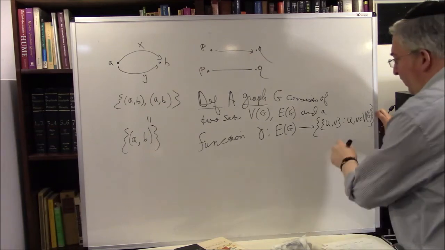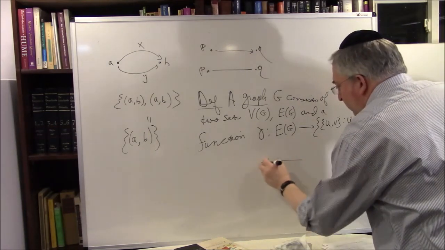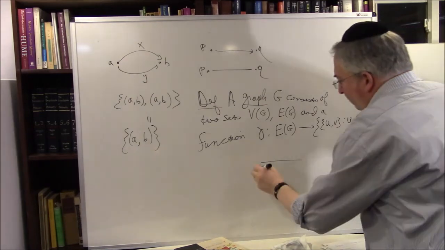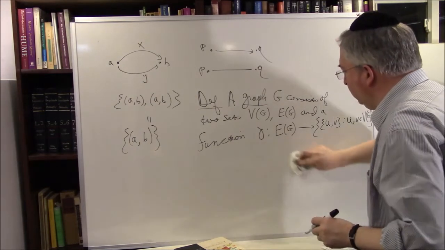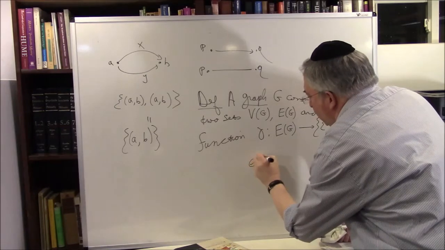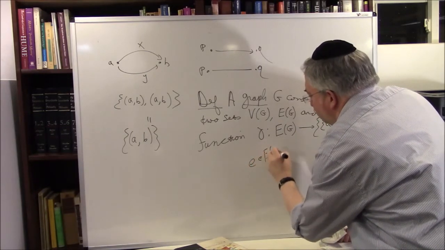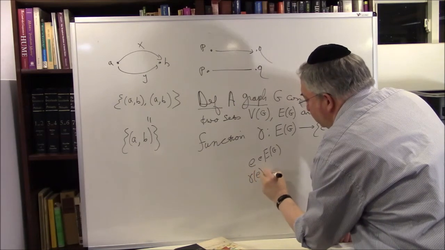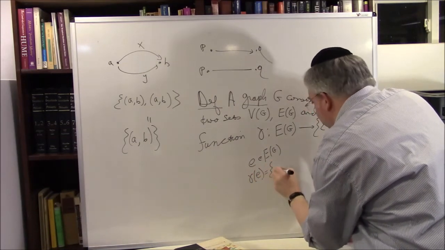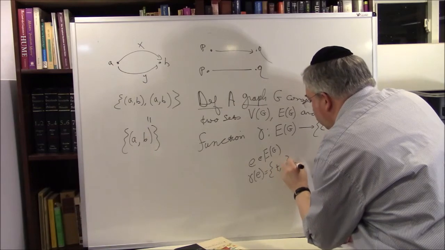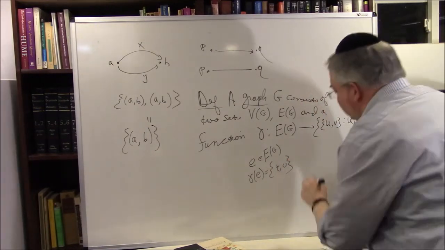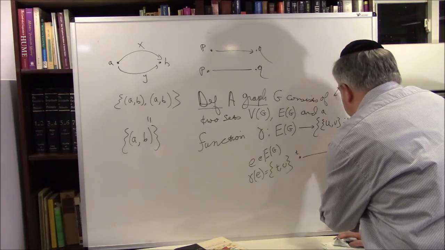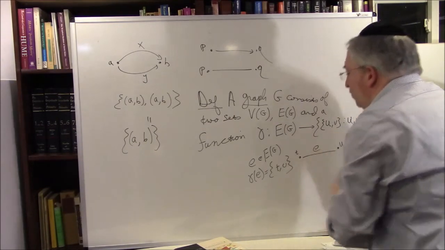Okay, so we write that. Let's say you have E is a member of edges of G, and let's say gamma of E is equal to the set T comma U. What that means is that there's a point called T and there's a point called U, and E goes from one to the other.